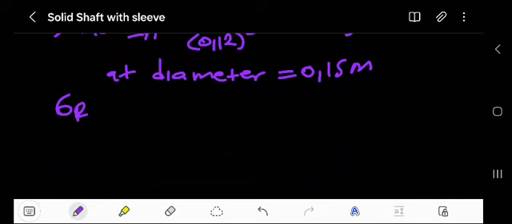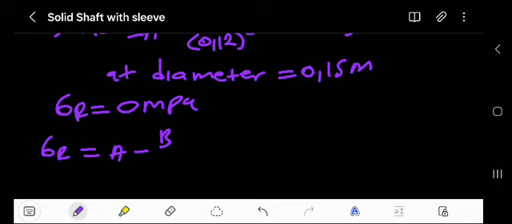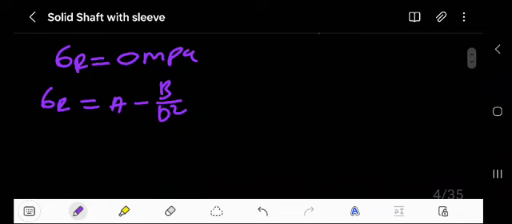There, the radial we have it is 0 megapascal. But what is this? We know it is given by this formula, a minus b over d squared. So here we have our 0. A we don't know, b we don't know, d we know is 0.15, but don't forget to square.